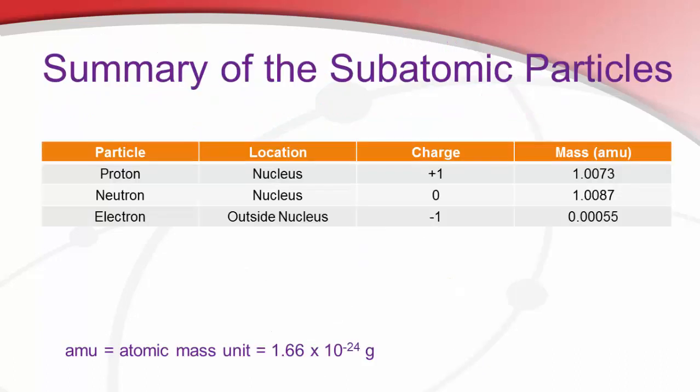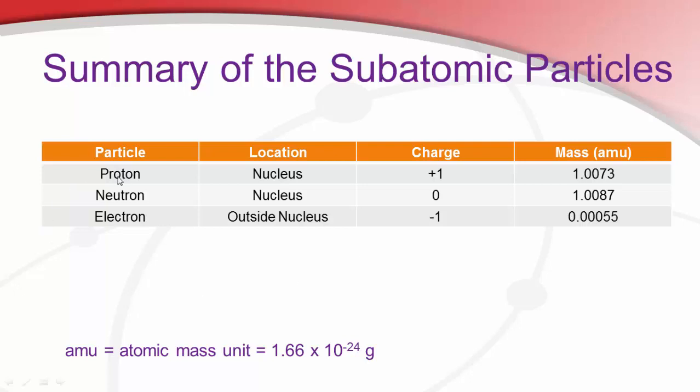Okay, but let's go back a little bit. So what we get to then is the idea that by 1932, we've got 3 subatomic particles that form up the atom. This indivisible thing is actually the sum of 3 different kinds of particles.